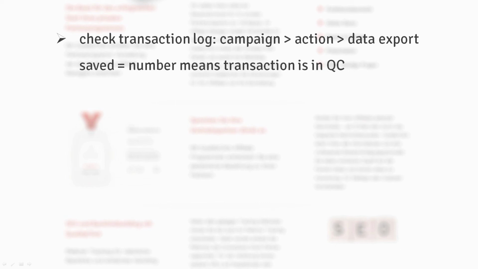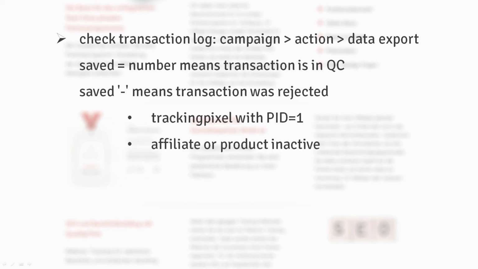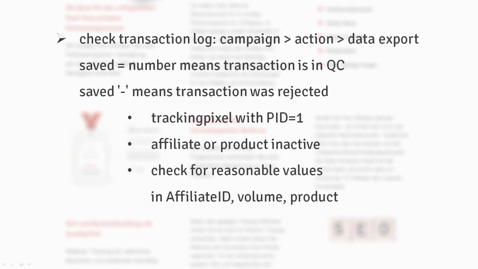If there's a number, that means the transaction is in the QC system, and if it's empty, it means the transaction was rejected, because maybe the tracking pixel is with affiliate 1, the product is inactive, maybe some unreasonable values for volume, product and affiliate ID. And check for duplicate transaction IDs. If you have many rejected transactions and you don't know why, you can tell us, we can probably find out more for you.